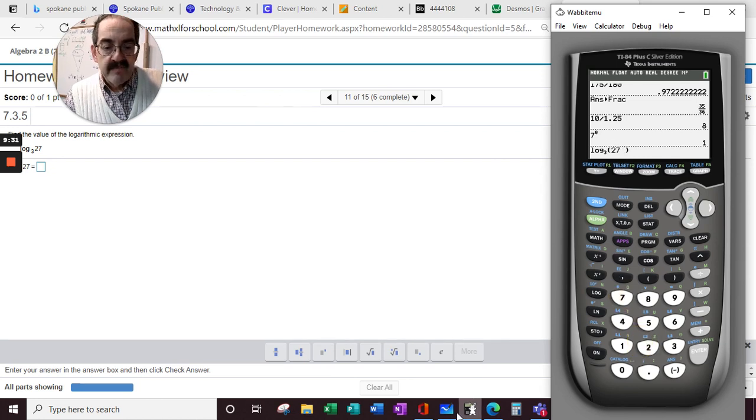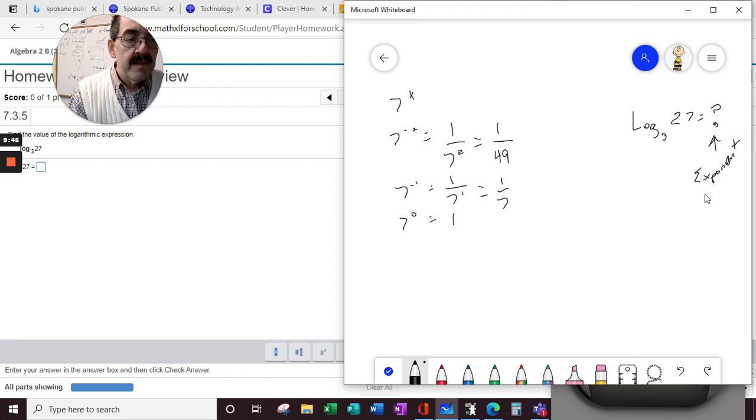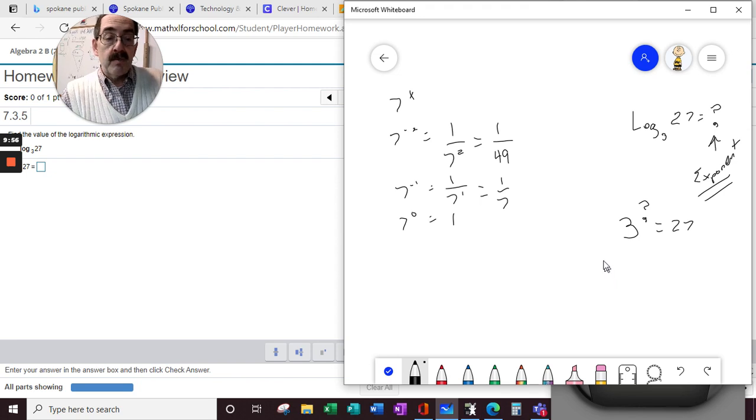Now, before I hit the enter button, log base 3 of 27 equals something. This something is the exponent. In other words, 3 to what exponent is 27? How many 3's does it take to make 27?